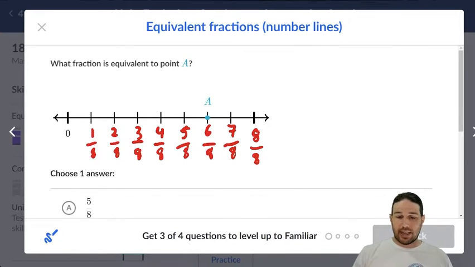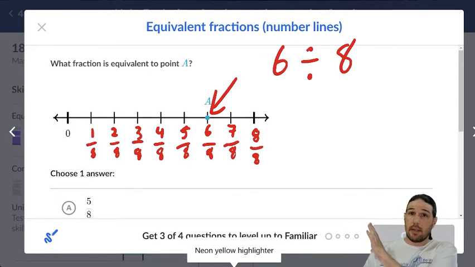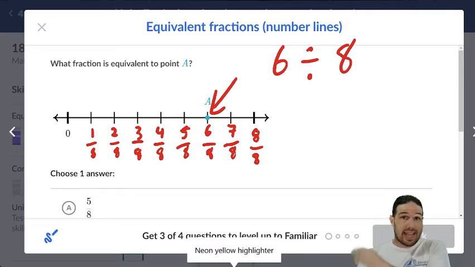Now, I do want to make sure I stress that when I say 6/8, that literally means 6 divided by 8. Yeah? We have divided the distance from 0 to 1 into 8 equal segments, and we have traversed 6 of them. This is 6 divided by 8.